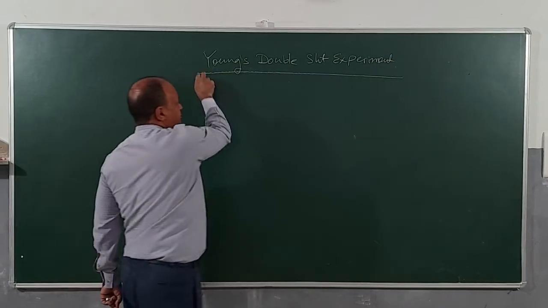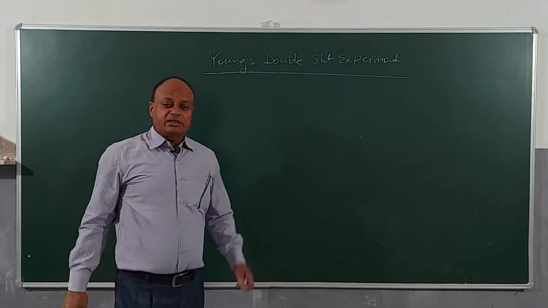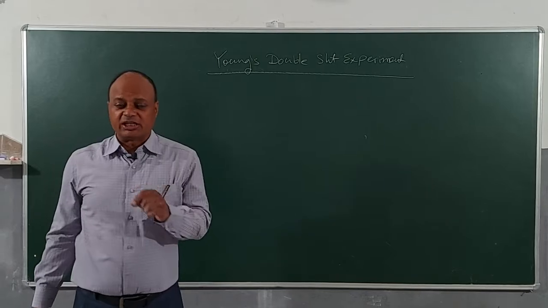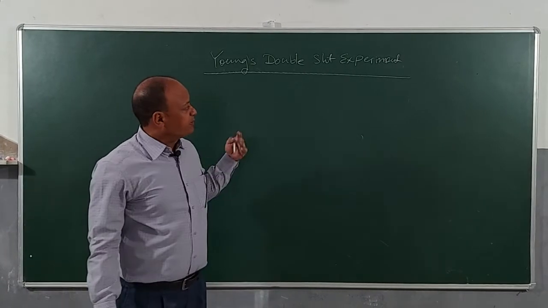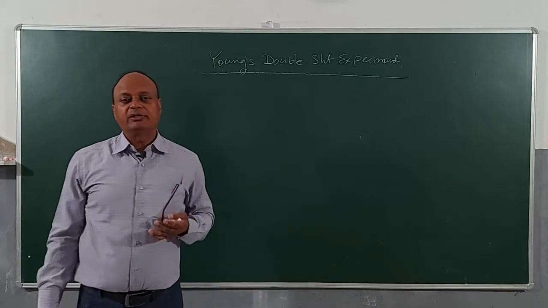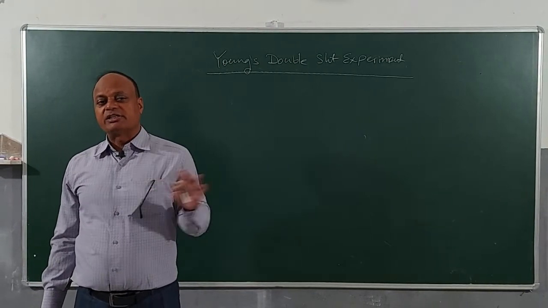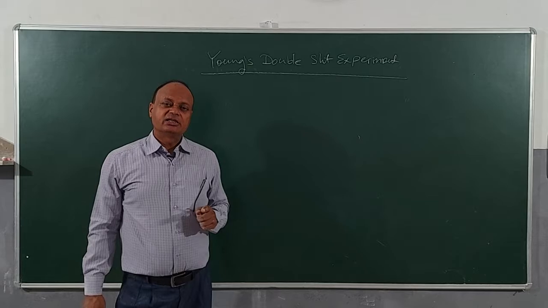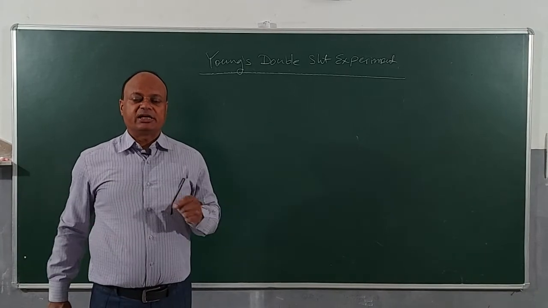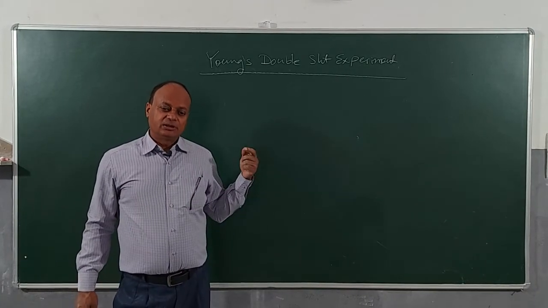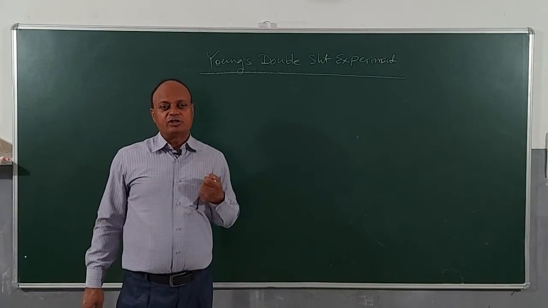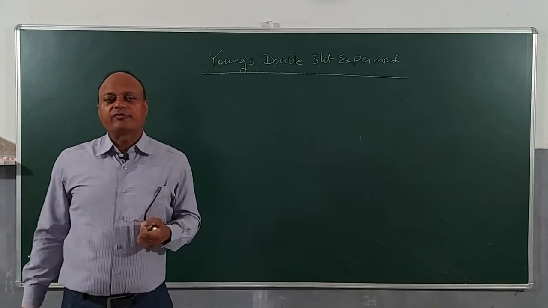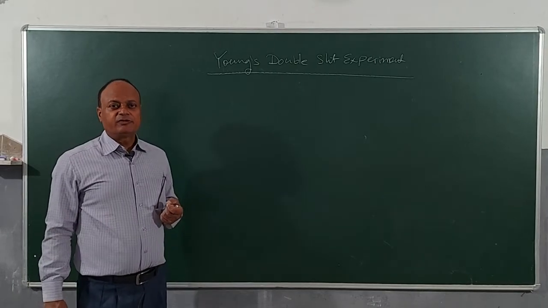Now, Young's double slit experiment, children. This experiment is a historical experiment. Actually, it was this experiment which proved conclusively that interference cannot be explained if light is taken as a particle, and this experiment drove the final nail in Newton's coffin of the particle theory of light.